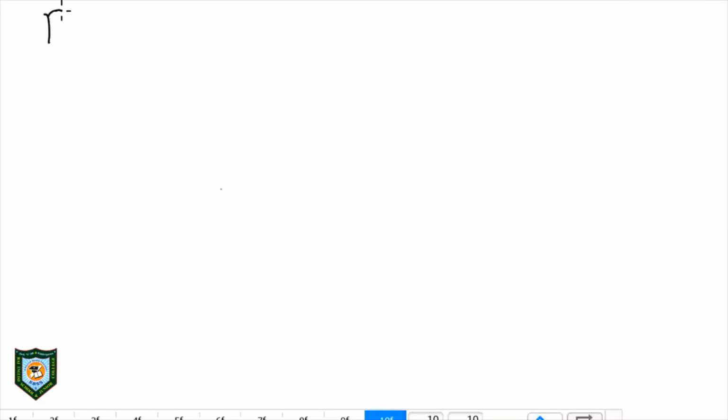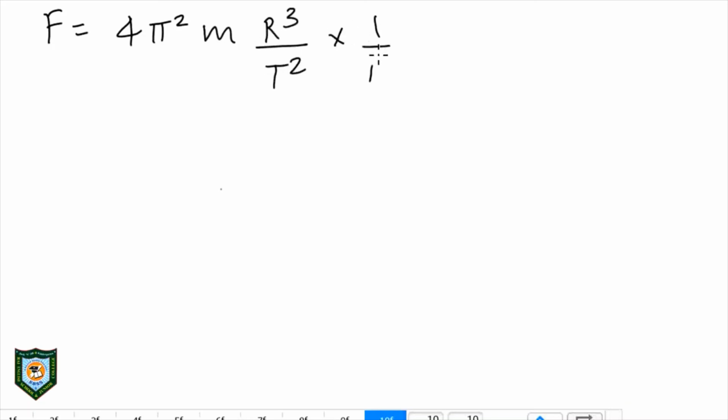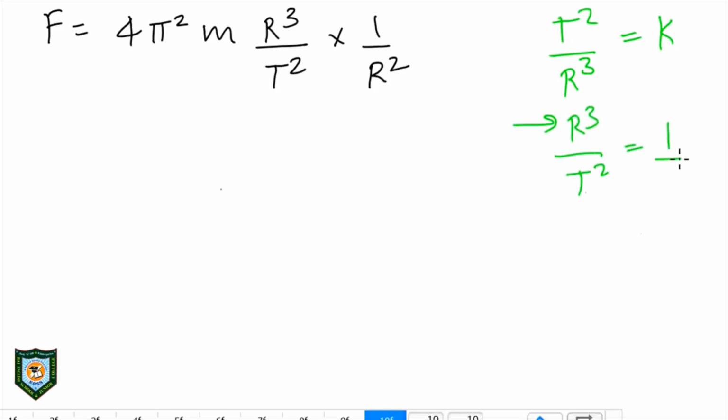So I have F is equal to 4 pi square m r cube divided by T square into 1 divided by r square. Now we all have learned in the previous section that T square divided by r cube is equal to k, which implies r cube divided by T square is equal to 1 by k.